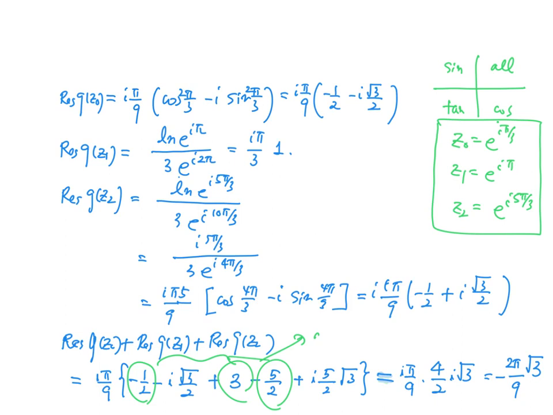Pi times 2 over 2 is 2 square root of 3 and I become minus.